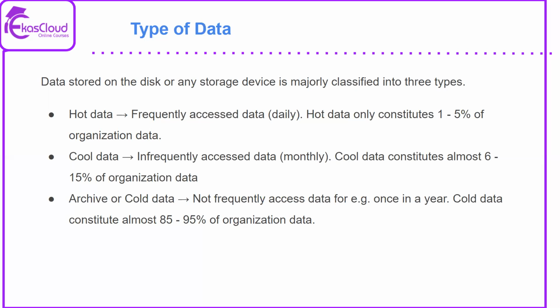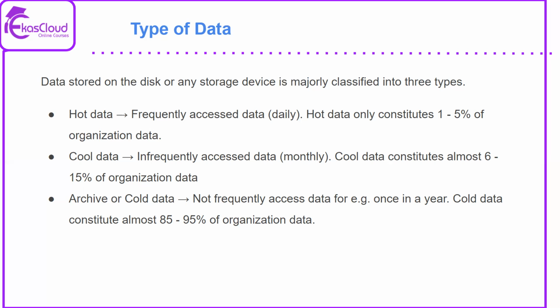For example, hot data is data I'm accessing on a daily basis, for example my emails, the current document or project I'm working on, some design, or whatever I'm accessing frequently, like a mail software. That's accessed on a daily basis.